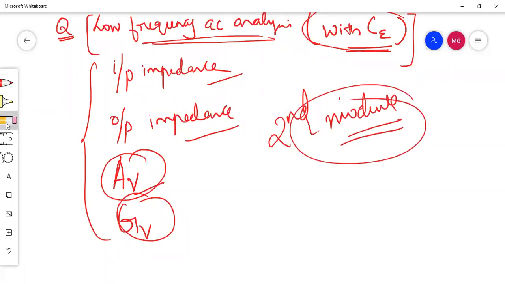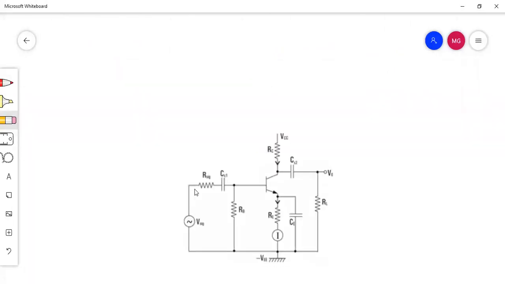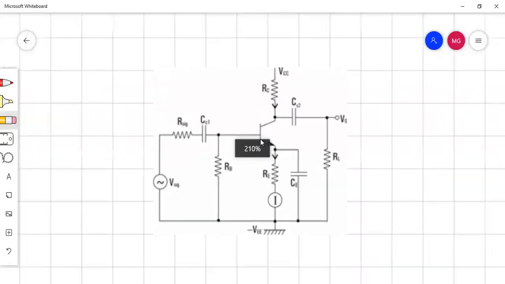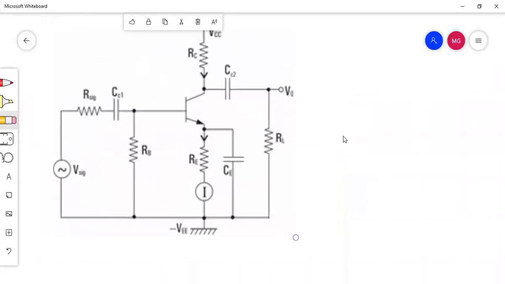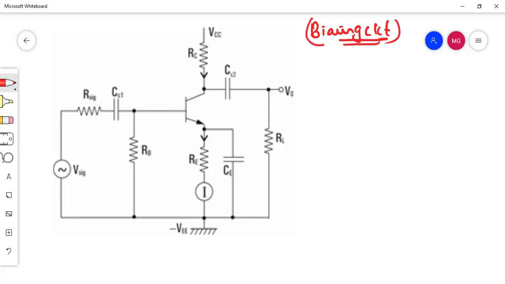So let me take the circuit first of all. This circuit is very familiar to you, I think so. This is the simplest biasing circuit. But in this, we have connected a constant current source across the emitter resistance.